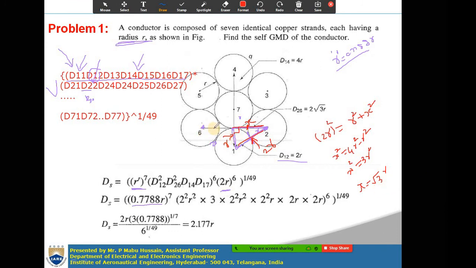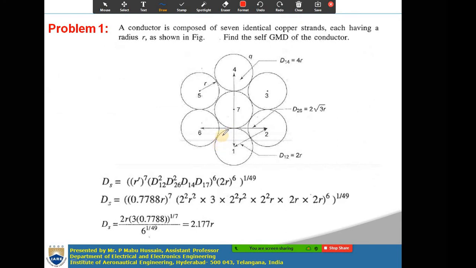Now from 2 to 6, how much distance is it? The same distance is from here to 6 also. So from 2 to 6 you will have 2x distance. So 2 root 3 r you will get. So the 2 to 6 distance is 2 root 3 r.